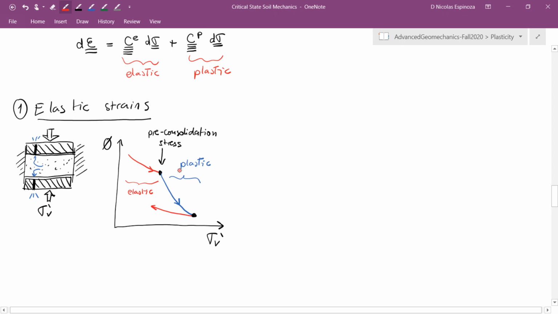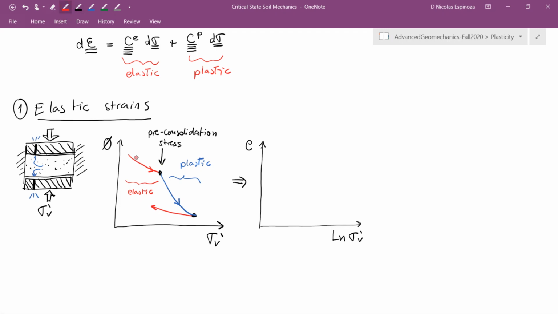So this type of phenomenon and this type of curve can be analyzed, and this is what is mostly done, and it's very similar in a plot that links the void ratio, which is a function of porosity, and the logarithm of the effective vertical stress. And these curves are going to transform into lines. This is what most of the sediments look like.